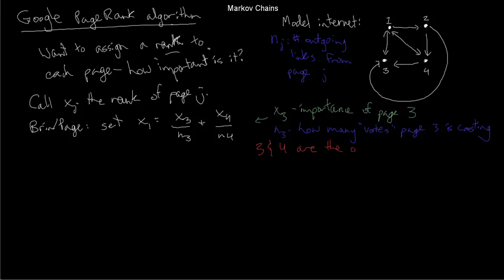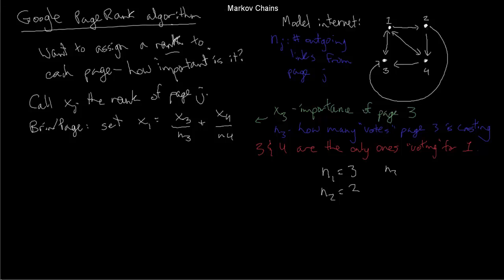So 3 and 4, again, are the only 2 pages that are linking to page 1. They're the only ones voting for it. So I want to set the importance of page 1 to be the importance of page 3 divided by how many votes 3 is casting, plus the importance of 4 divided by how many votes 4 is casting. Let's just really quickly compute what the n sub j are. n sub 1 is the number of outgoing links from page 1, and that is 3, since they're going to 2, 3, and 4.